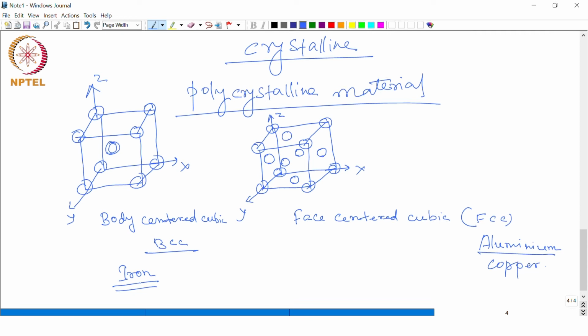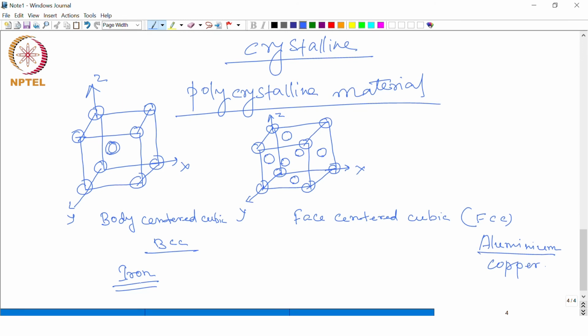So, like that in a particular crystal structure there could be different variations also like this, and depending on that a particular type of crystal structure or lattice will arise.